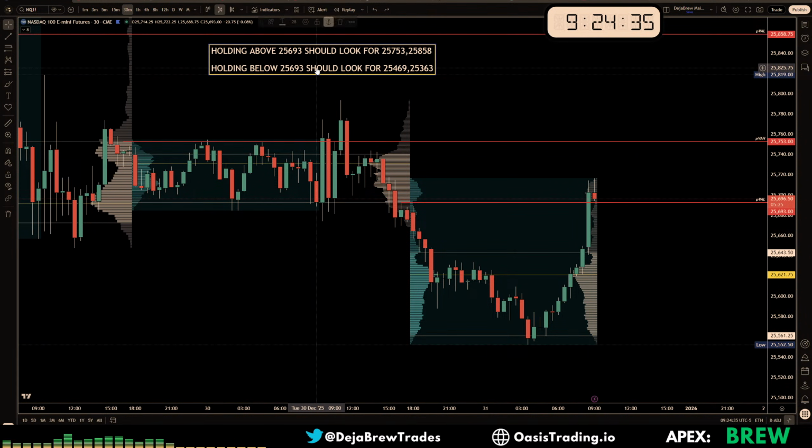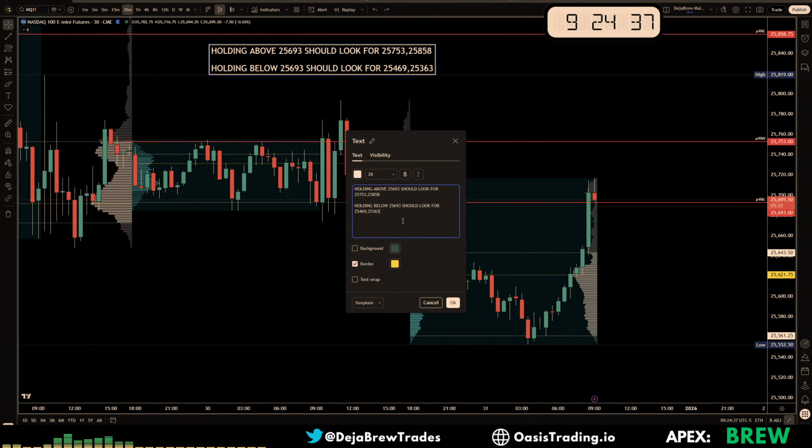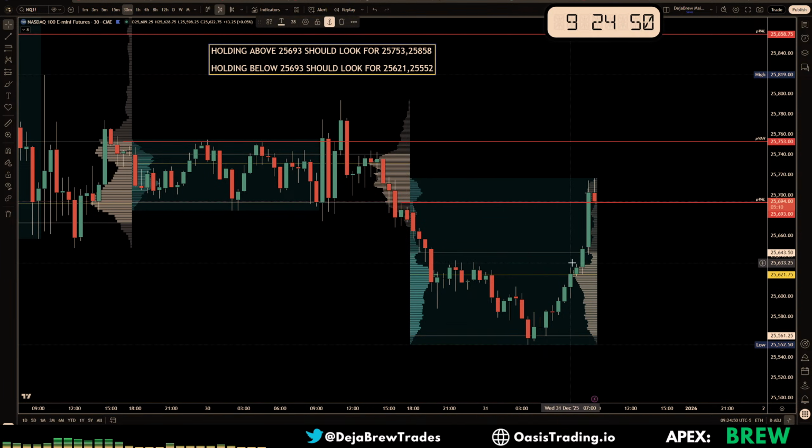So same thing here, we probably have to update these lower levels to respect the new value. So we can take that POC and the overnight low.